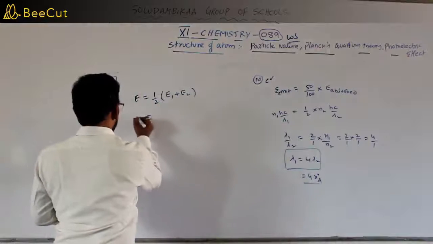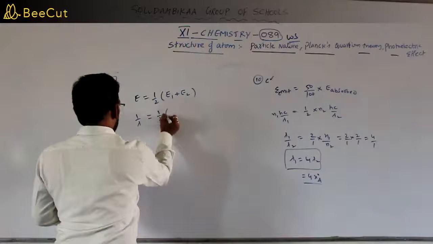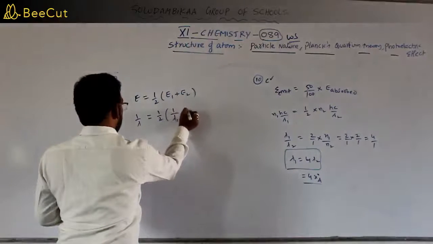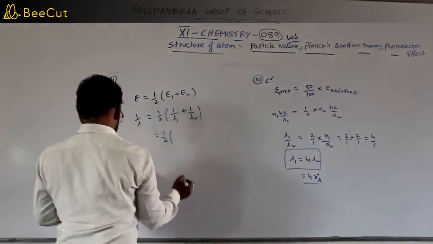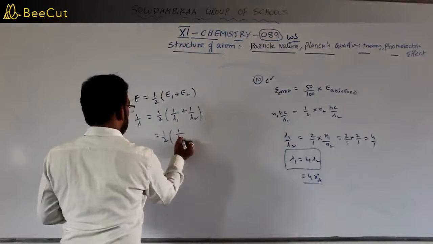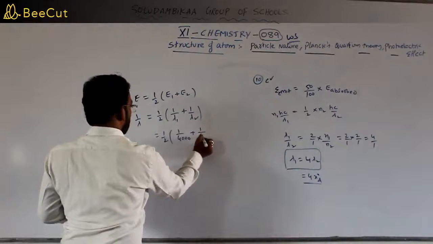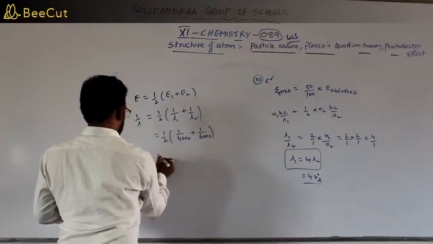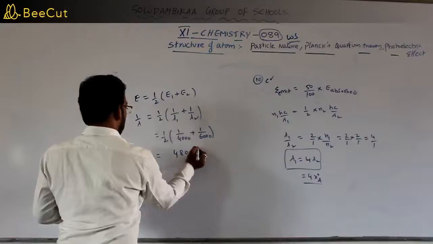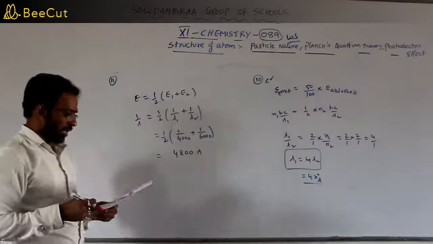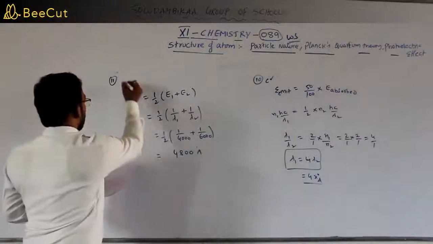So 1 by lambda is equal to 1 by 2 into 1 by lambda 1 plus 1 by lambda 2, with 4000 angstroms and 6000 angstroms given. Upon calculation we will get the answer 4800 angstroms, which is present in B option.